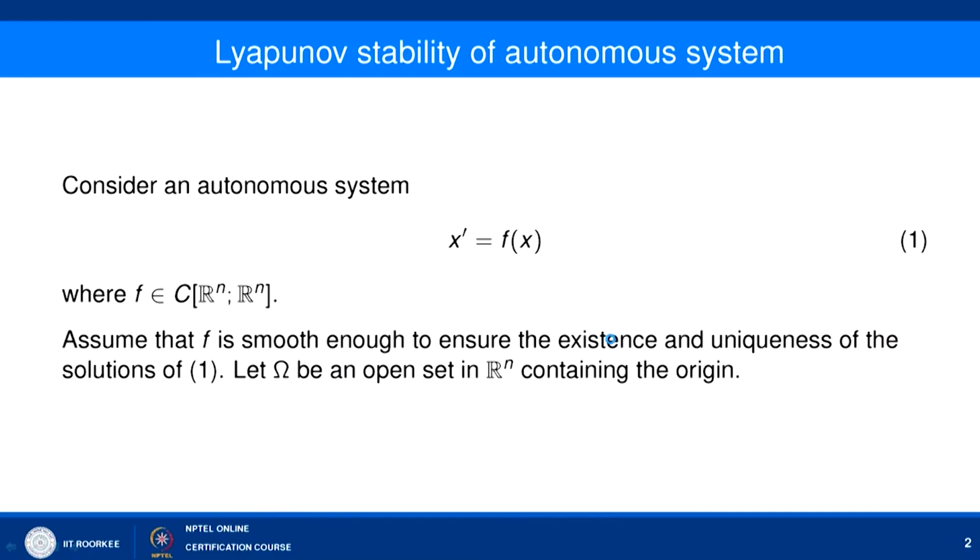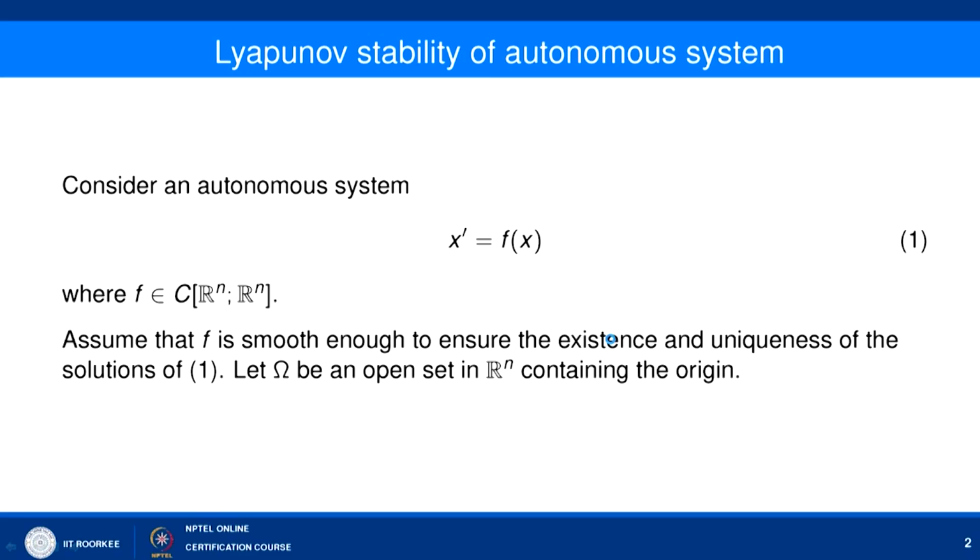So, let us first start with the Lyapunov stability of a nonlinear system. First, consider an autonomous system x dash equal to f of x. Here f is a continuous function from R^n to R^n.